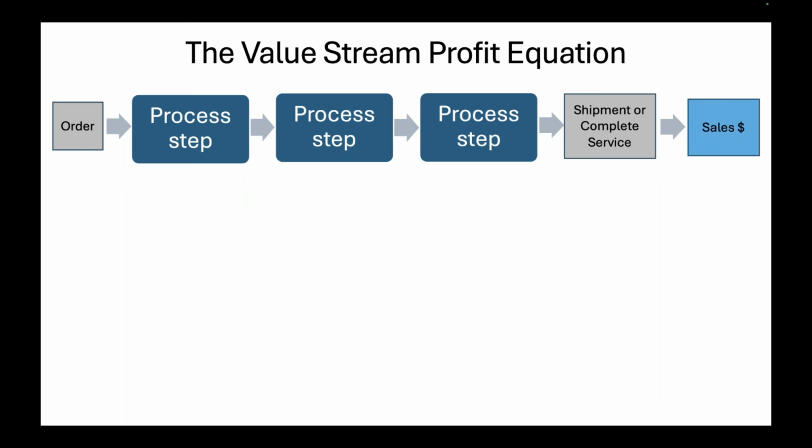And if you serve customers better, for example, if customers want short lead times and high on-time delivery, and you can deliver it, you have the opportunity to create a competitive advantage and drive sales more.